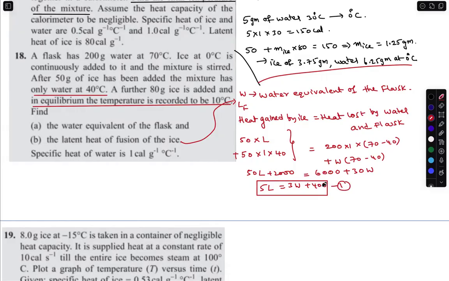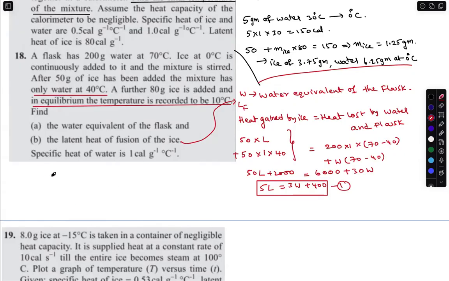With this data, till this point, I cannot solve the question because only one equation is possible and there are two unknowns. A further 80 grams ice is added and the equilibrium temperature is recorded to be 10 degrees centigrade. What is happening now is you have totally water of 250 grams at 40 degrees centigrade.